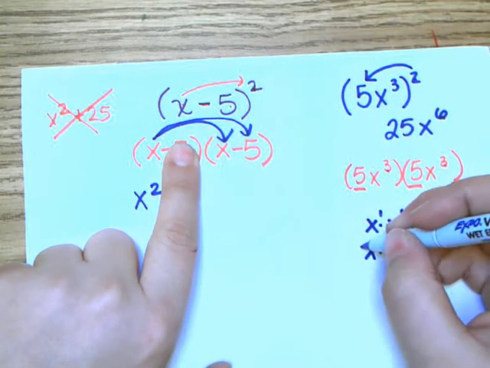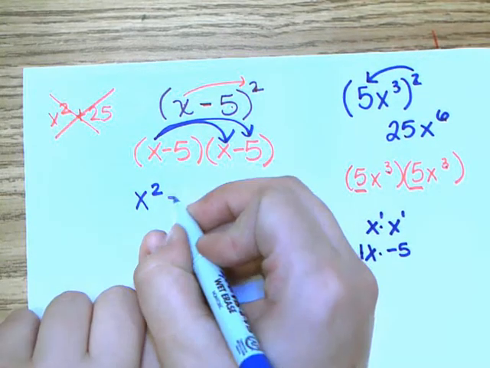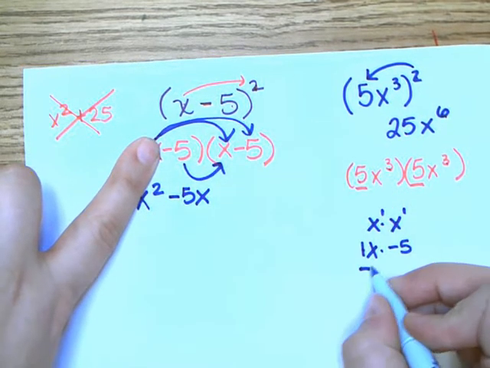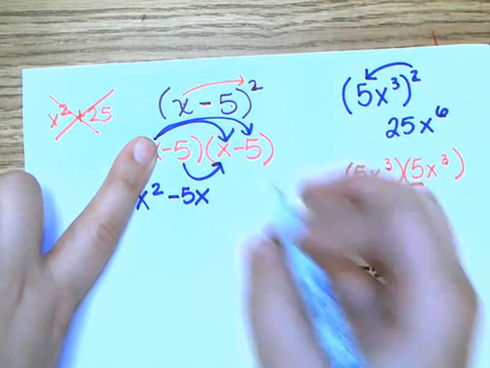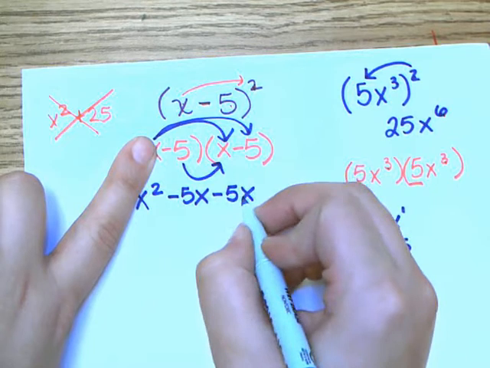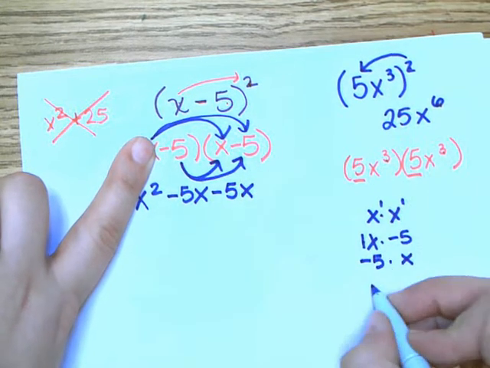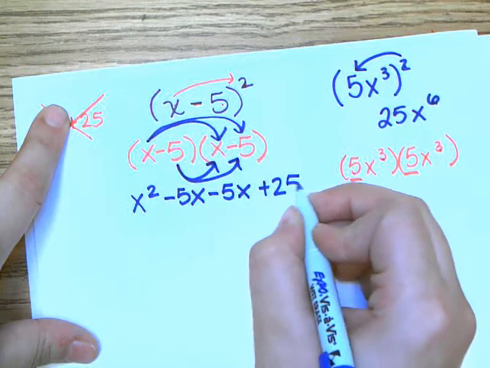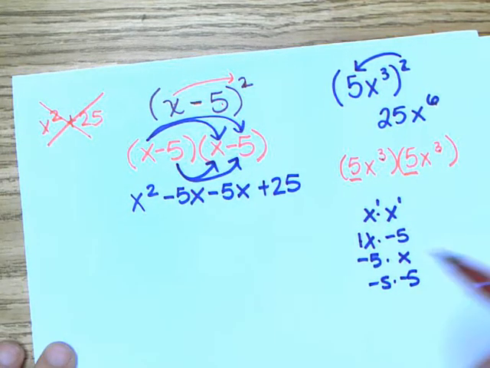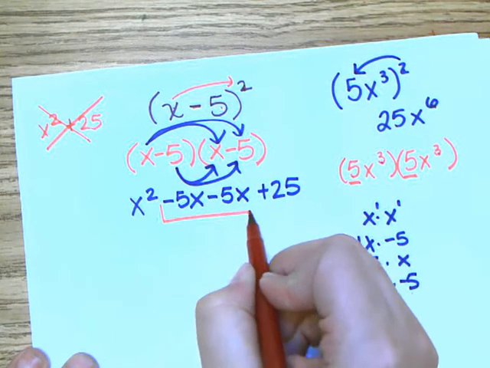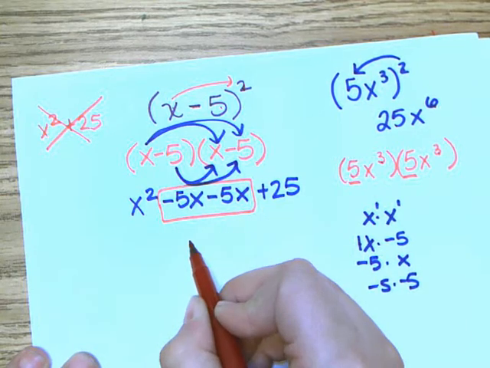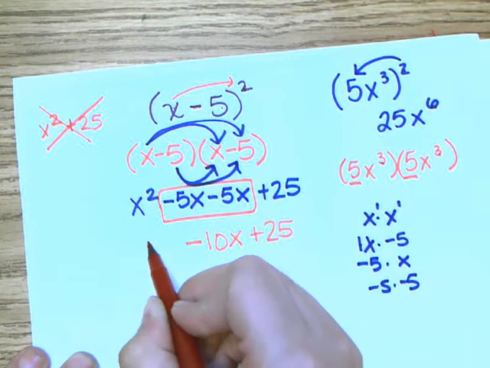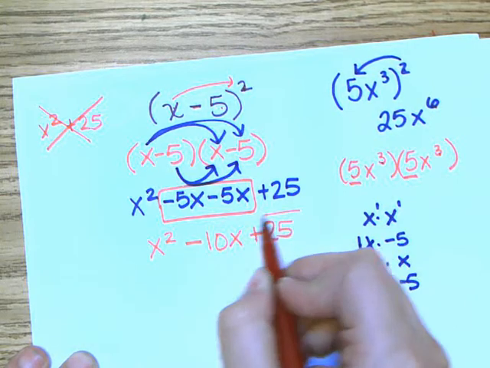So we have x times x, so we add the exponents and get x squared, and then x times negative 5, there's a 1 here, so 1 times negative 5 is negative 5x, and then negative 5 times x, that's also negative 5x, and then negative 5 times negative 5 is positive 25.